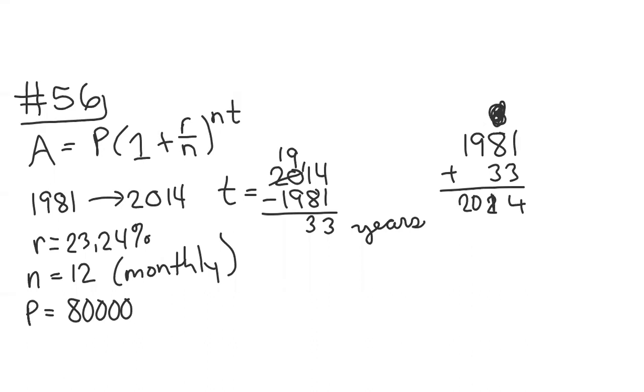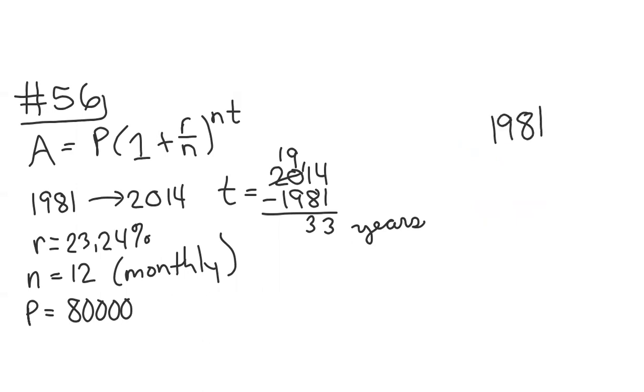I was like, what am I doing wrong here? I cannot count. I tried to double check myself and instead I confused myself. But anyhow, 1981 plus 33 is in fact 2014. Okay, so 33 years.